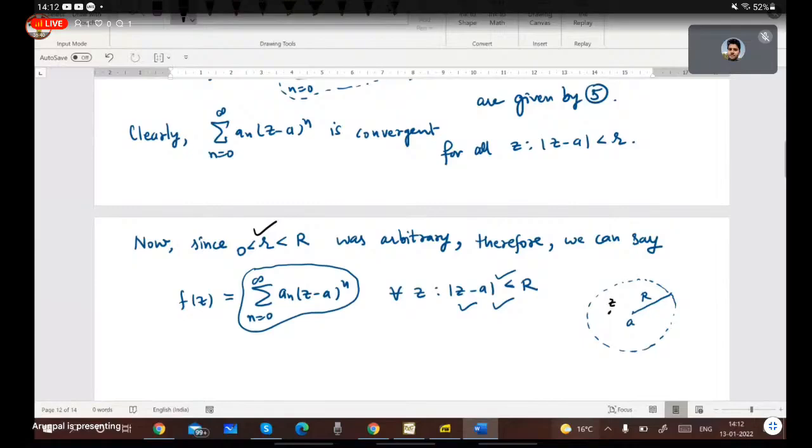But it does not mean, it means class that at the most, at the minimum, its radius of convergence will be at the minimum r, because for every point inside this, the series is coming out to be convergent. Of course, it is possible that there may be some points outside it for which it also comes out to be convergent. Right, class?